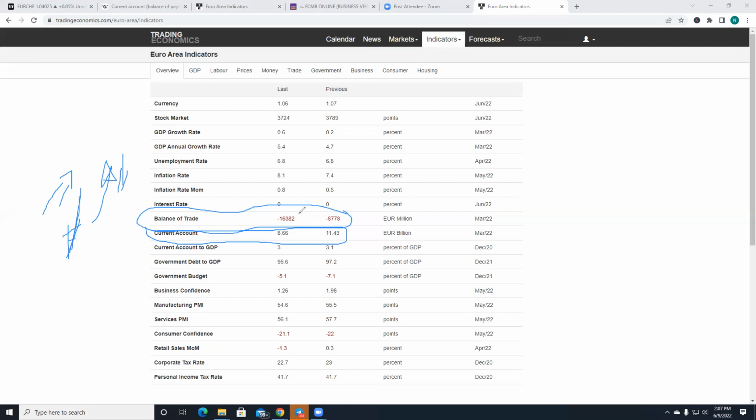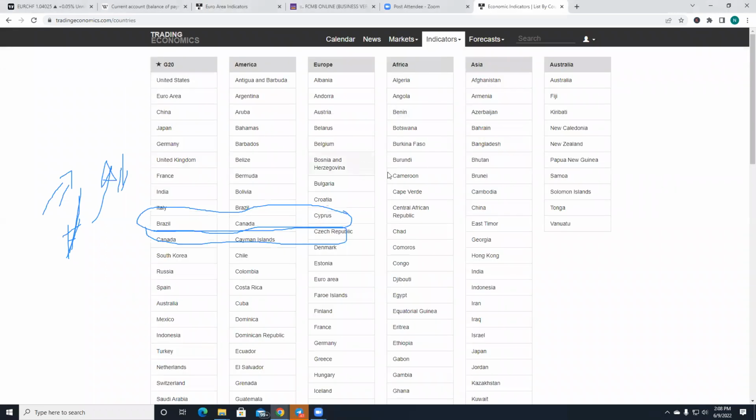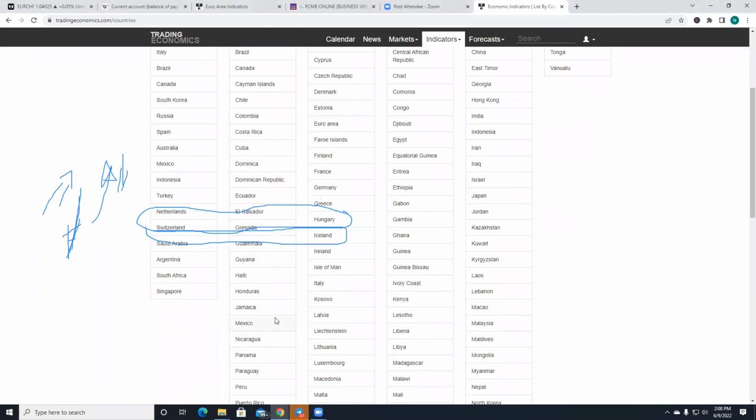That is why their balance of trade is negative. I want you to take note of these two data, guys. Look at consumer confidence. Just look at these two data. Let's go to CHF.